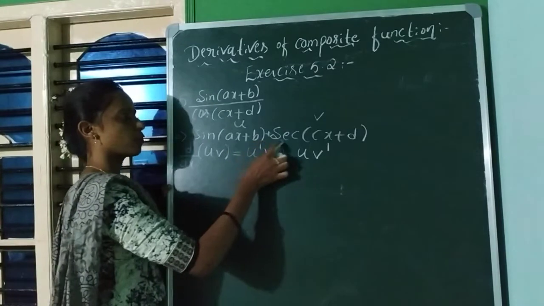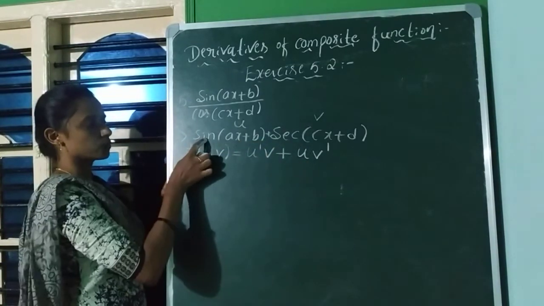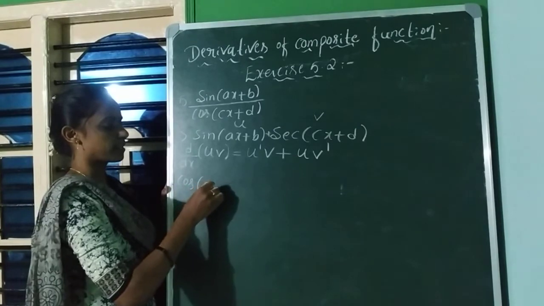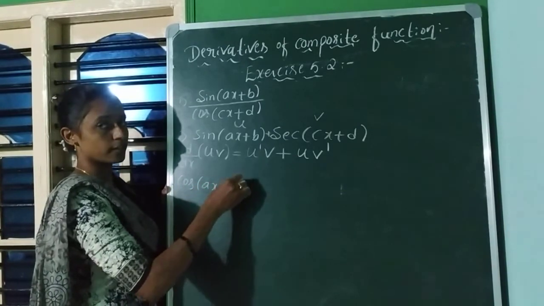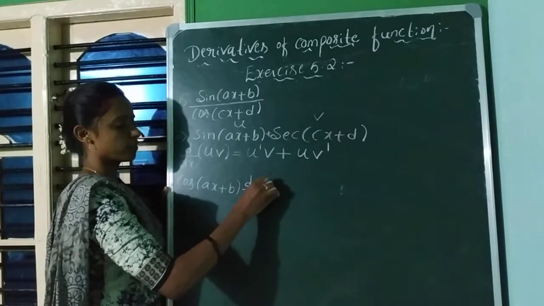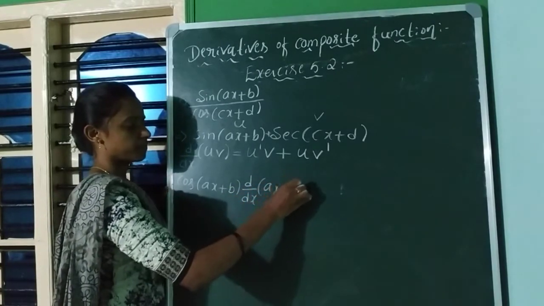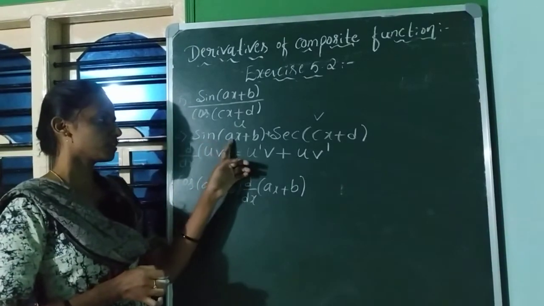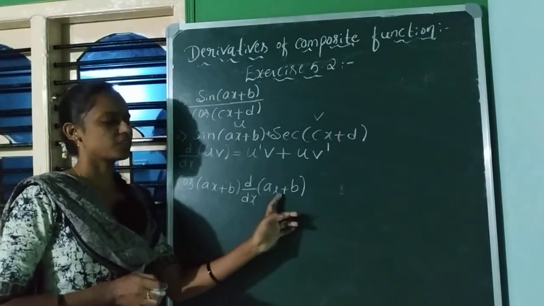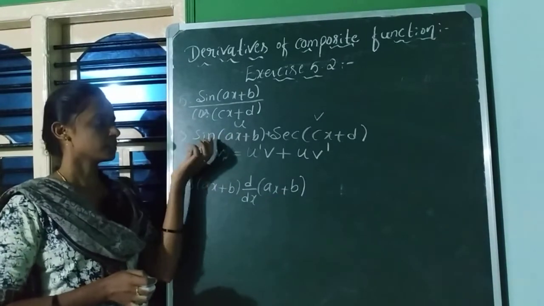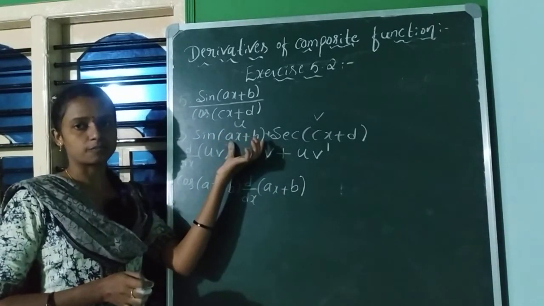Now the derivative of sine is cos of ax plus b. Don't confuse, listen carefully: we need the derivative of ax plus b as well. You may get confused, but here we need to differentiate only this, because this is a composite again: sine is there, algebraic is there.